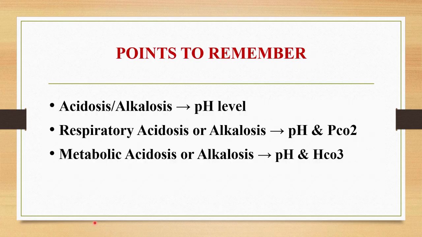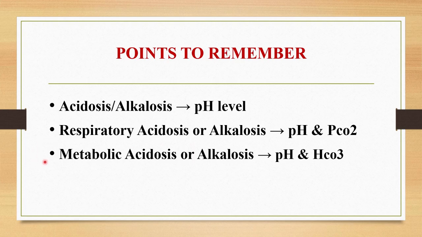Here are some points to keep in mind before interpreting an ABG. In order to find out whether it is acidosis or alkalosis, you have to see the pH value. To find out whether it is respiratory acidosis or respiratory alkalosis, you have to see the pH value as well as the PCO2 value.